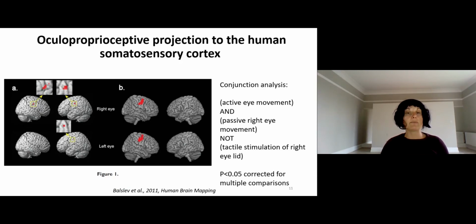Now this is good news because it replicates the results in the monkey and shows that in the human brain we have a proprioceptive projection from the extraocular muscles as well.